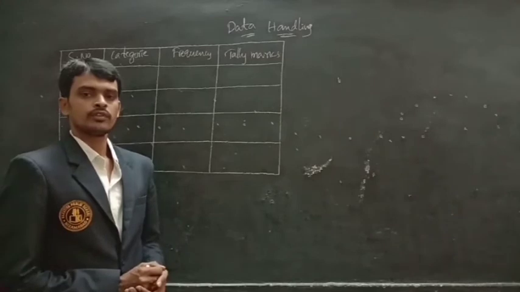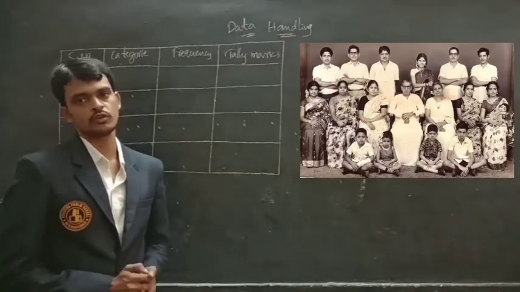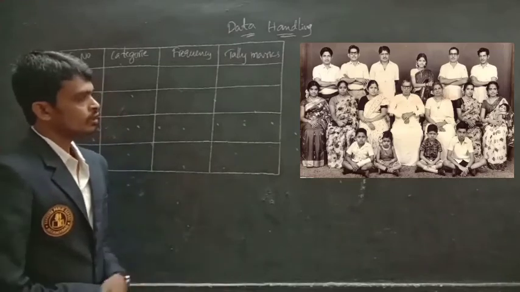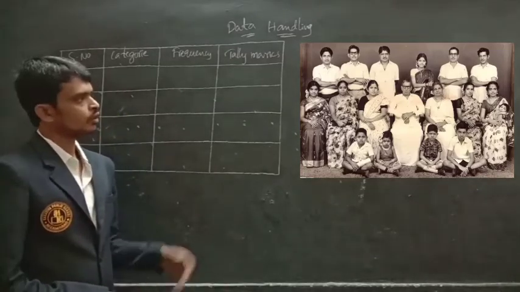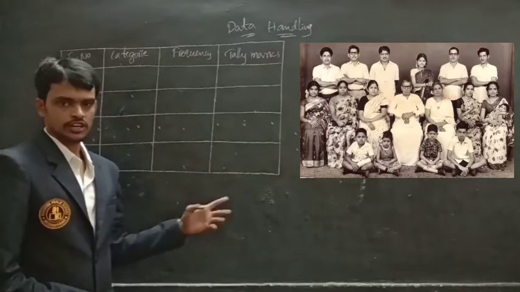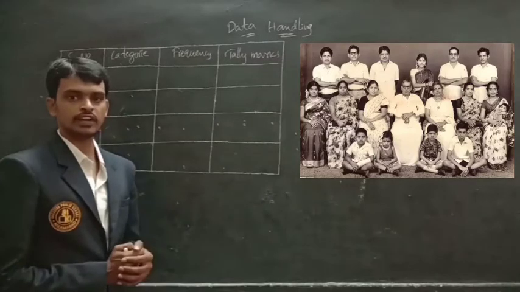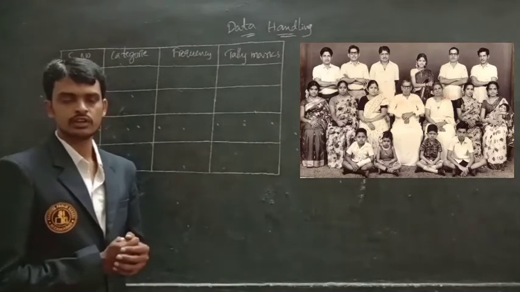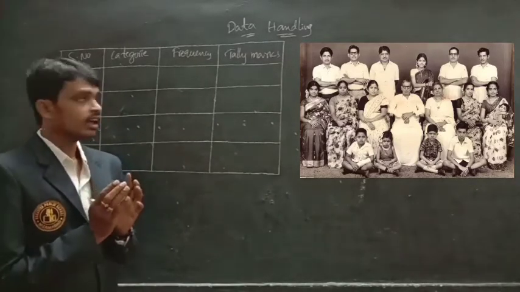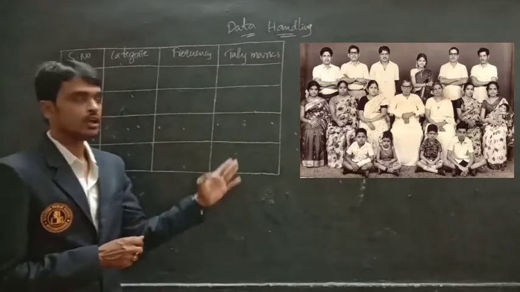Children, we observe many joint families in our surroundings. Look at the picture. What are you seeing in this image? Yes, it is a joint family. So by using the joint family, we will prepare the data. How will we write that data as frequency and tally marks?